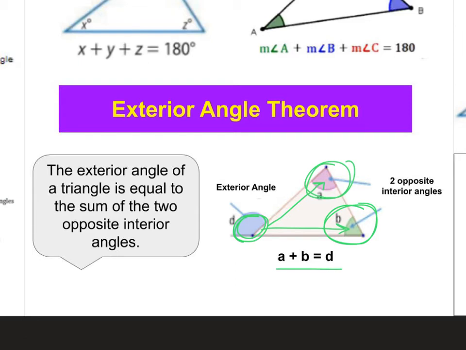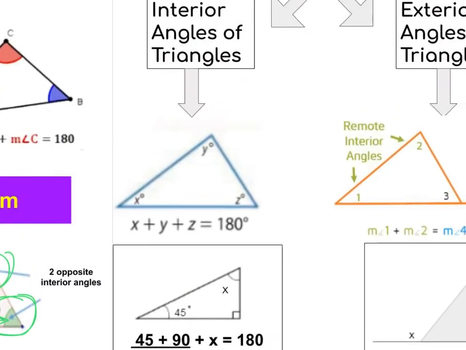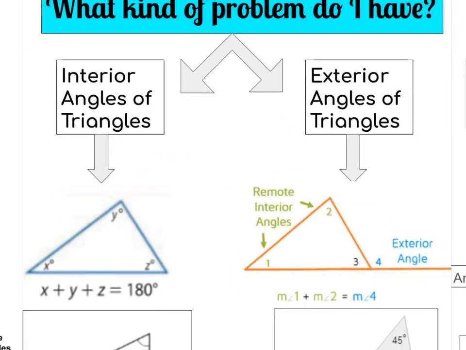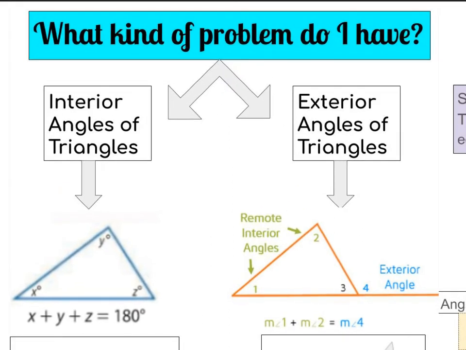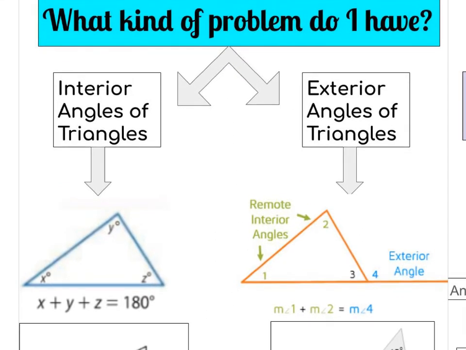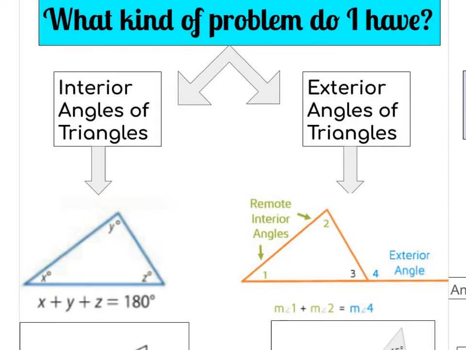Okay, so let's look at some examples. What kind of problem do we have? You always want to figure out: am I dealing with interior angles of a triangle? If I am, then I need to do X plus Y plus Z, and those are going to equal 180.